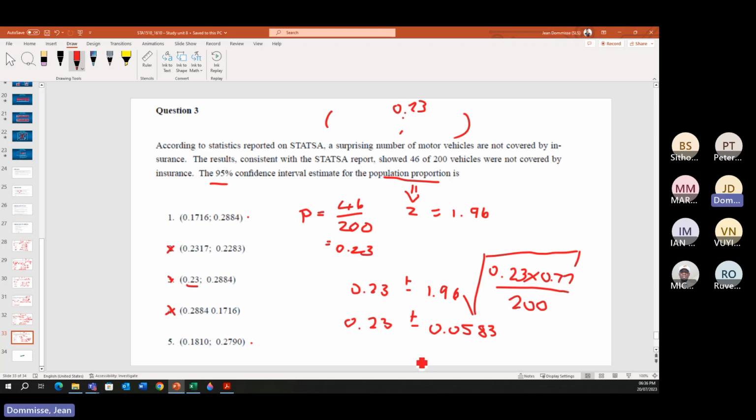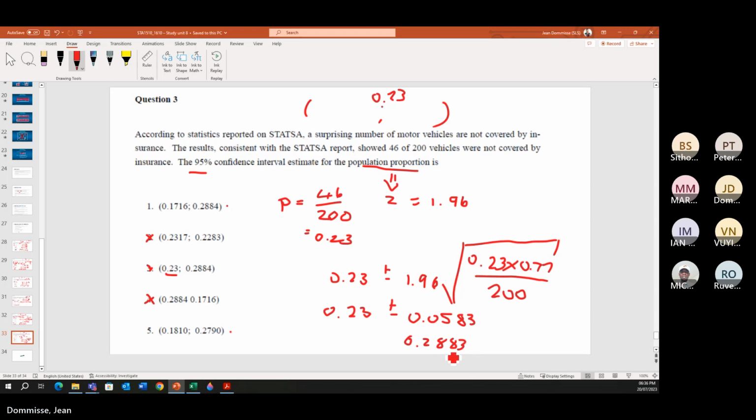So if I add it to the top side, it will be 0.2883. Okay, so that's very close. And to the, see there's that one as well. So it's probably rounding off.